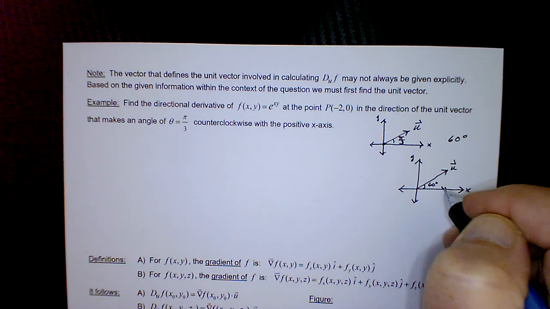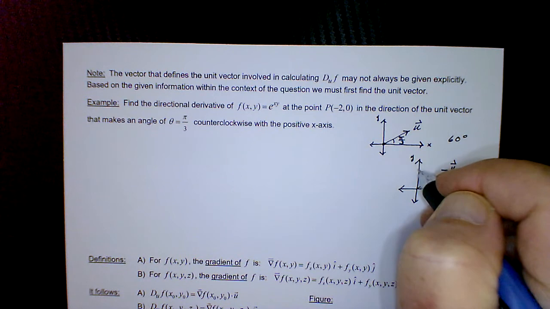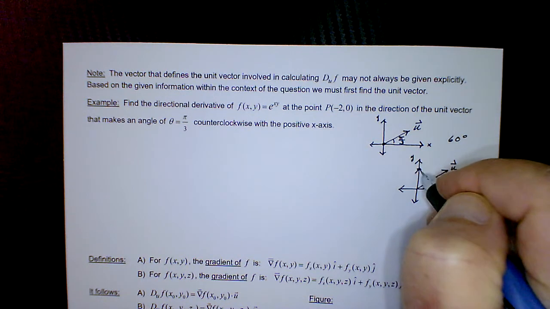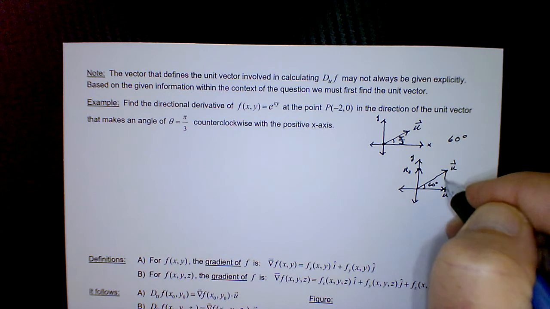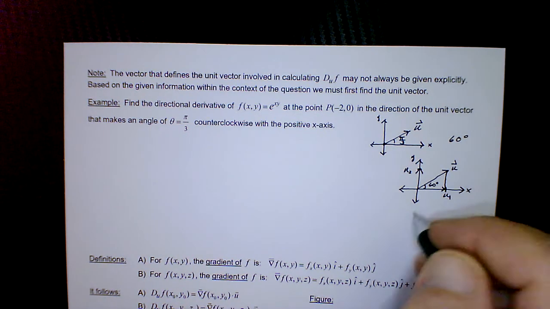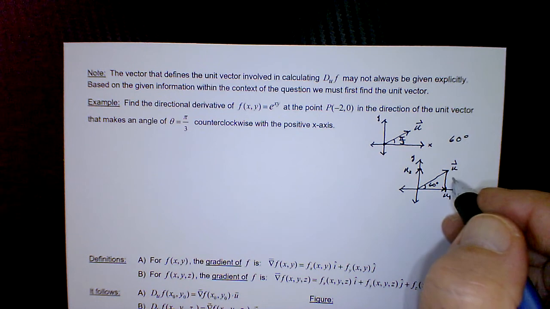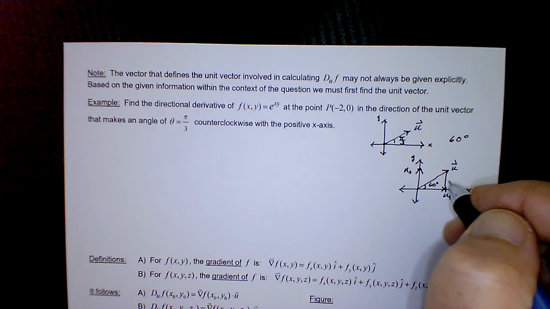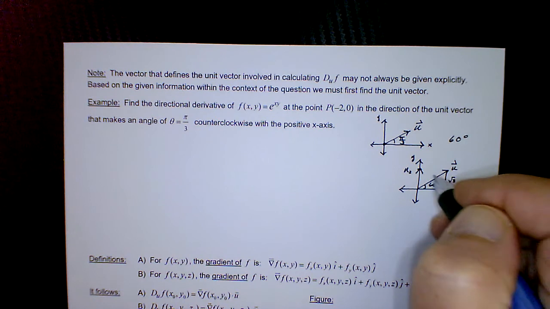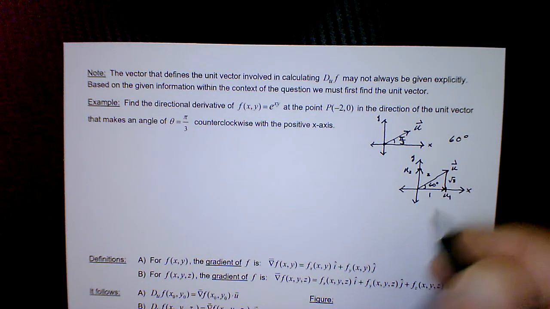This would be u1, and this would be u2, and just make a right triangle out of that, and then we could determine that for 60 degrees, opposite is radical 3, hypotenuse 2, and adjacent is 1.